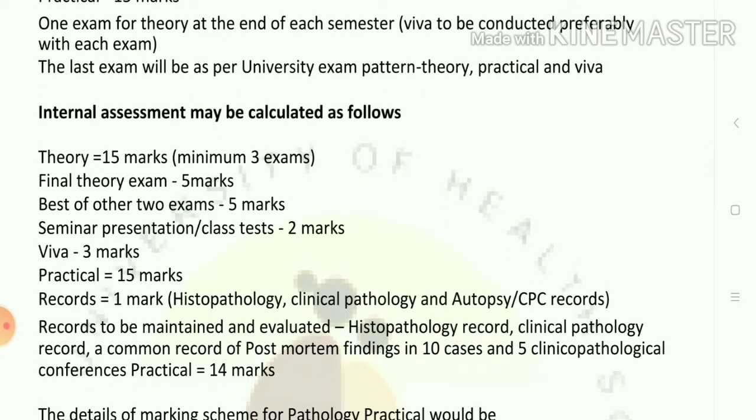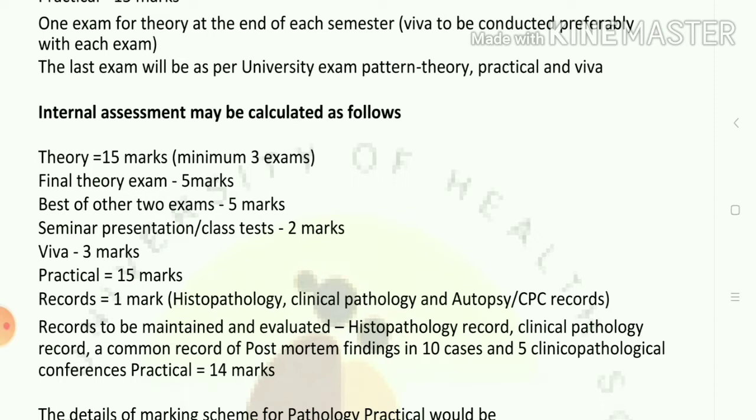For theory, 15 marks: minimum 3 exams, final theory exam 5 marks, best of the other 2 exams, that is 5 marks. Seminar presentation and class tests 2 marks, viva 3 marks. Practical 15 marks, and record 1 mark: histopathology, clinical pathology, autopsy, CPC records, etc. Records to be maintained and evaluated.